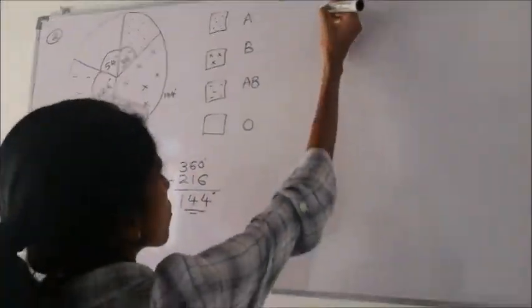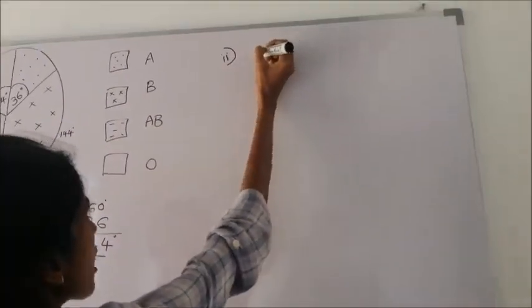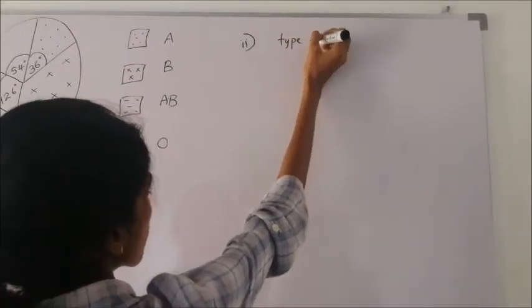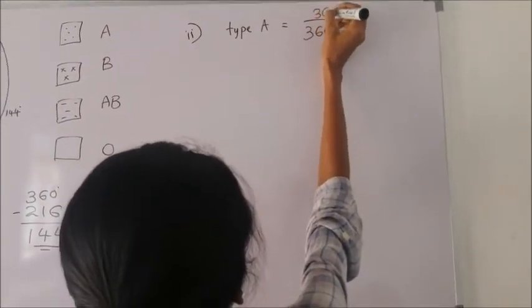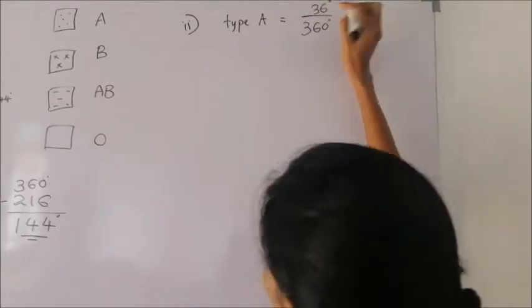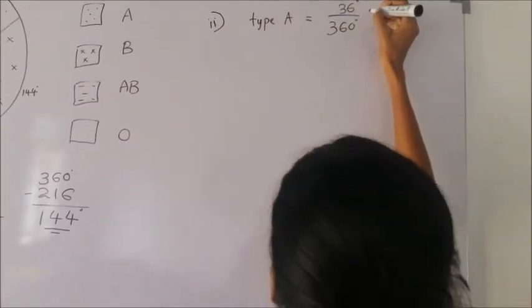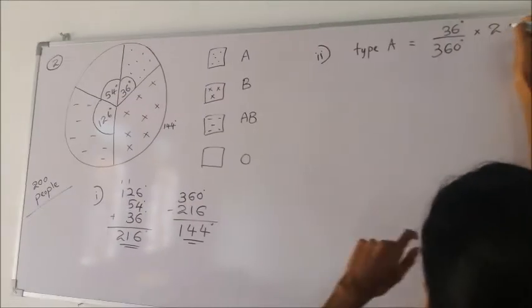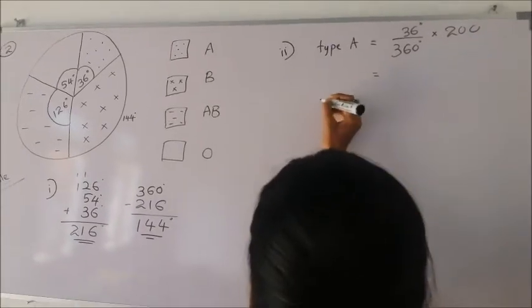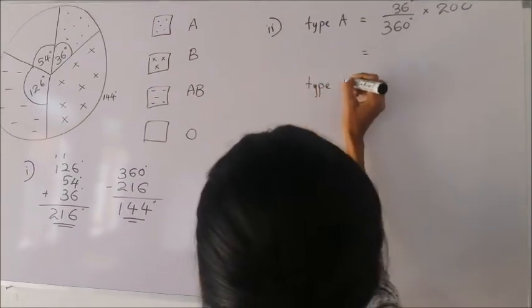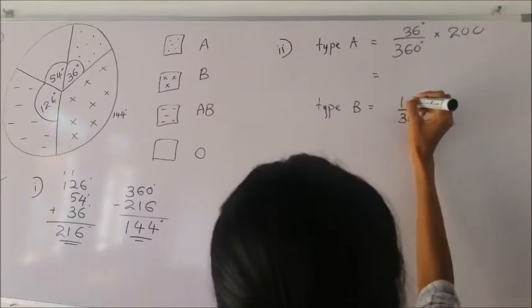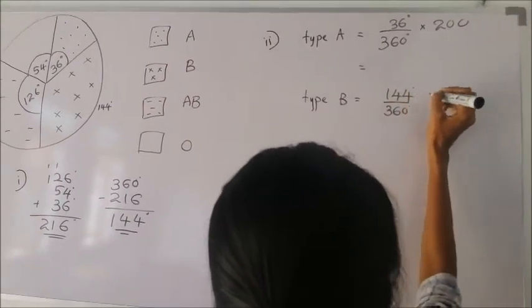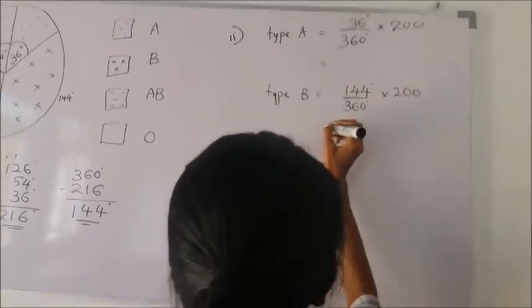So with the help of them, type A: out of 360 degrees, 36 degrees represent type A blood group, multiplied by the total number of people. Then for type B, out of 360, the angle is 144, multiplied by 200.